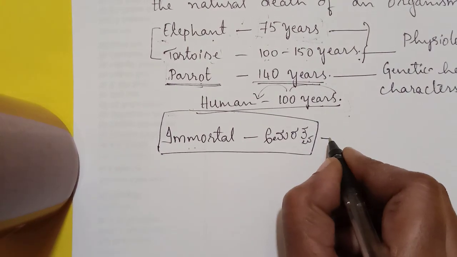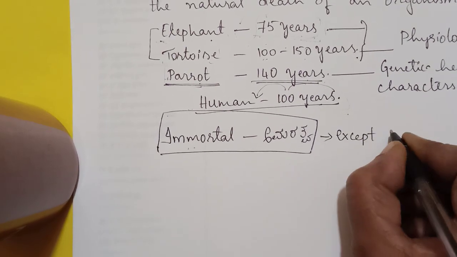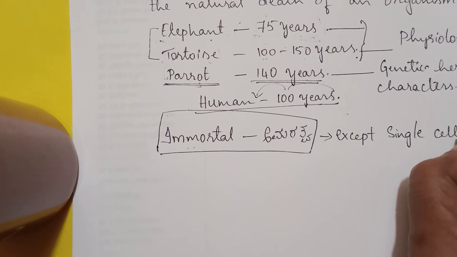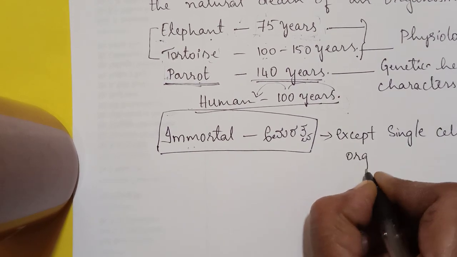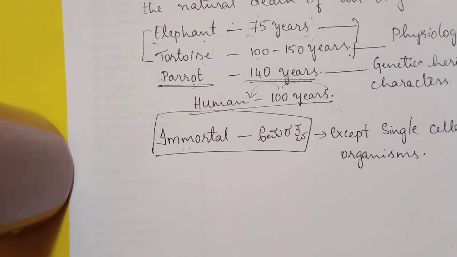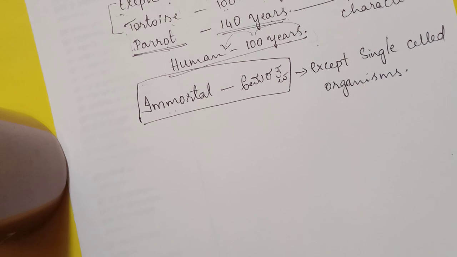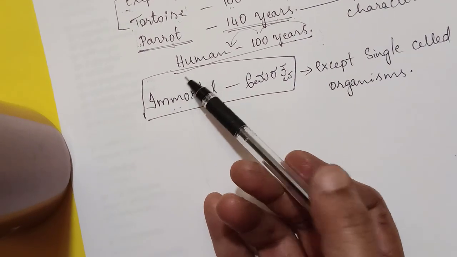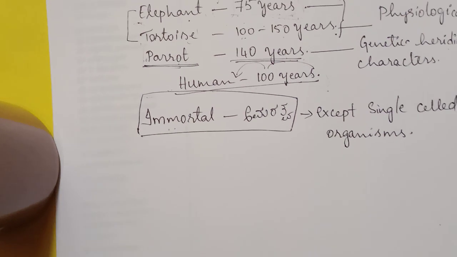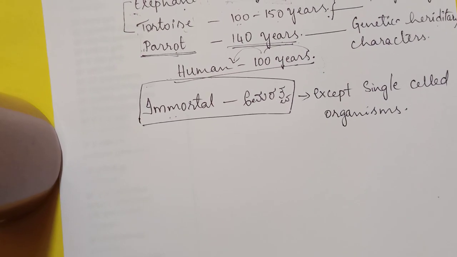But there is an exceptional case, that is single-celled organisms. Here the single-celled organisms are referred to as immortal, or they show immortality. Why are they called immortal?